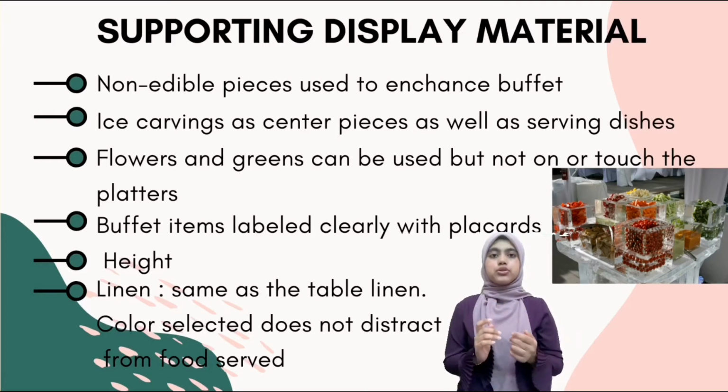The linen used to cover the box should be the same as the linen used on the table. White is the traditional color because it gives a clean appearance and complements food. However, other colors can be used to tie in with room decorations. Make sure the color you choose does not diminish the food.